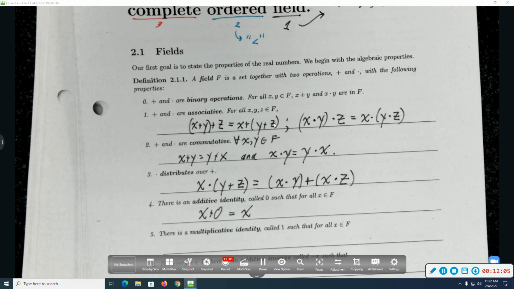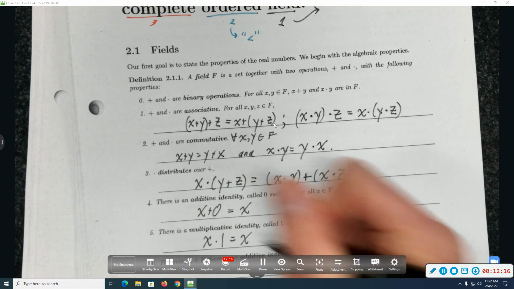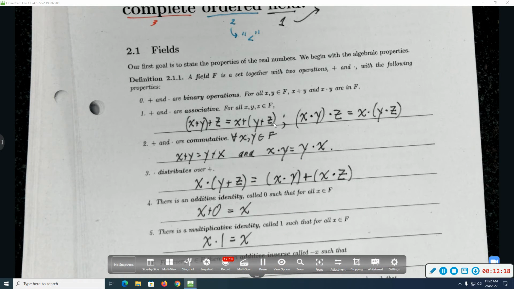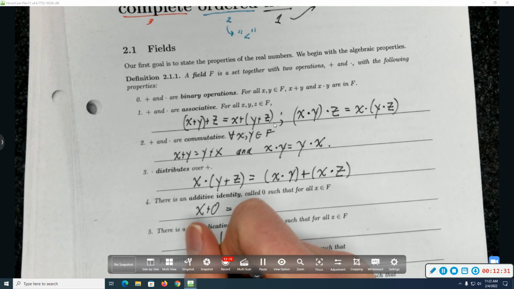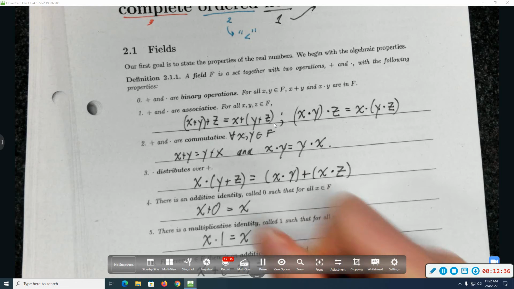There is a multiplicative identity called 1, such that for all x in F, what should happen? Yeah, x times 1 equals x. Perfect. There is an additive inverse for every x in the field F, called minus x, which satisfies what condition? What does the additive inverse do? Yeah, x plus the negative x equals 0.